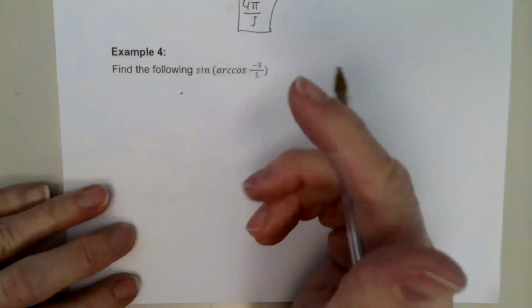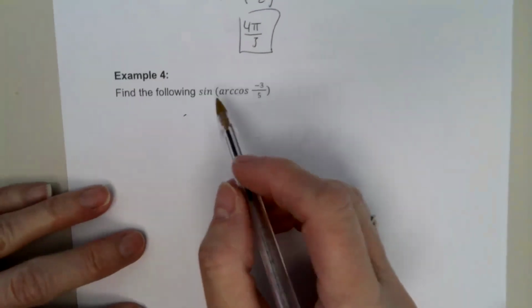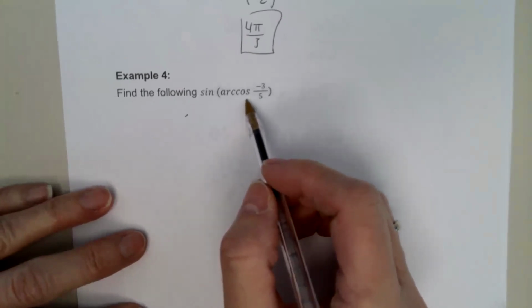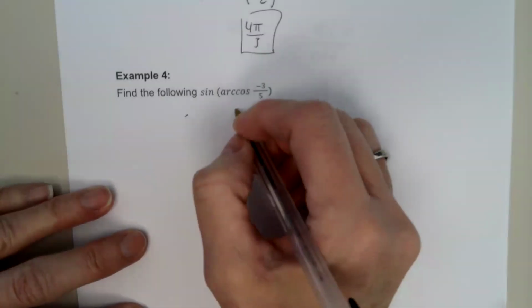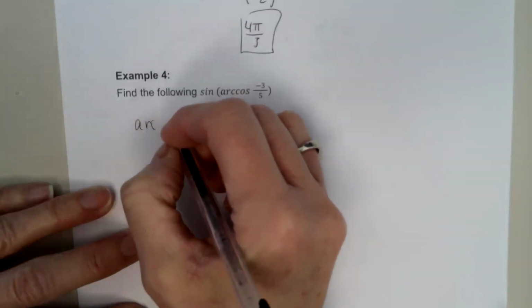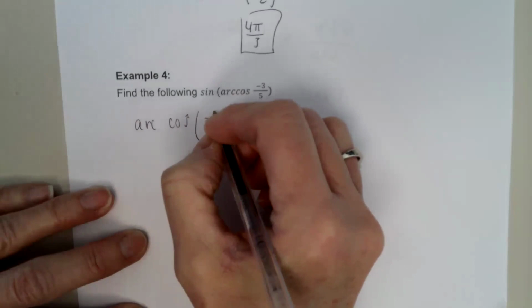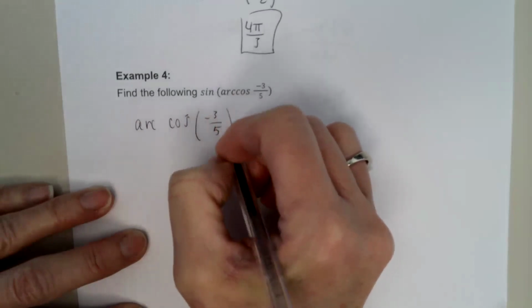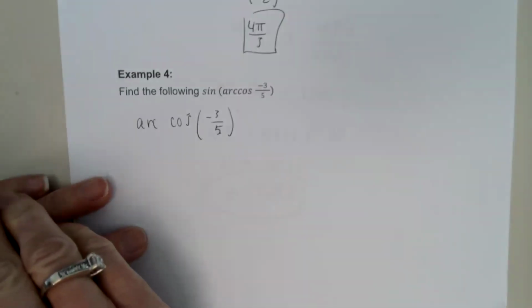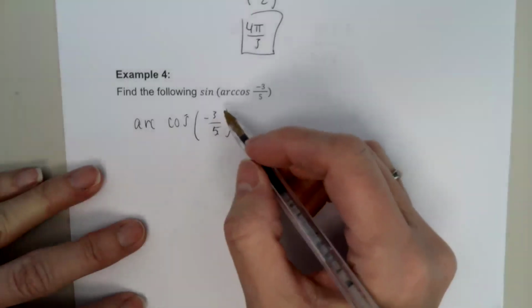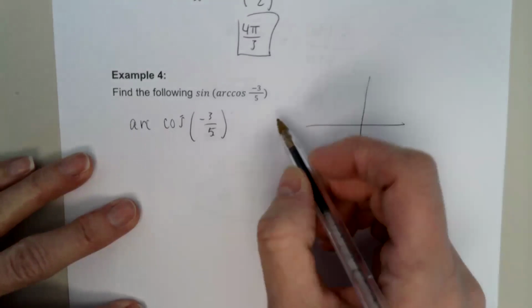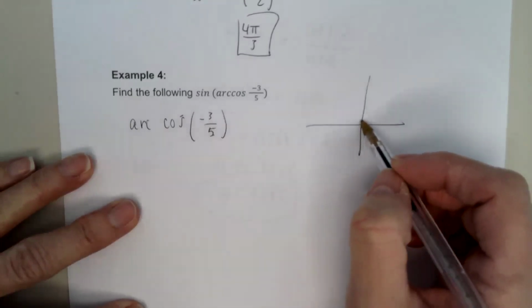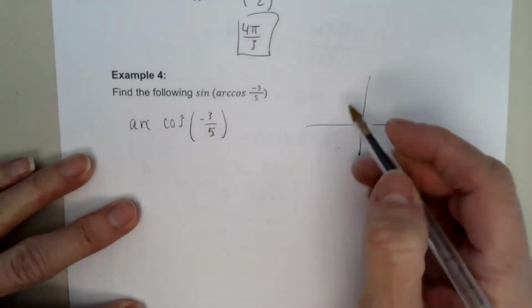Example 4 is a little bit different. It says, find sine of arc cosine of -3/5. So I first need to find the arc cosine of -3/5. When I think of -3/5 and the cosine that would produce that, it would have to be in the second quadrant or the third quadrant where cosine is negative.